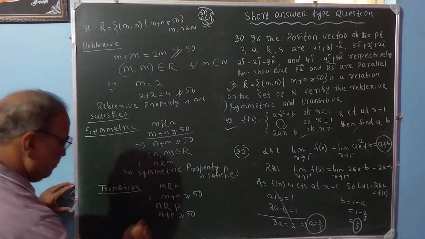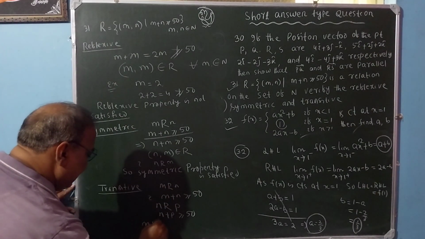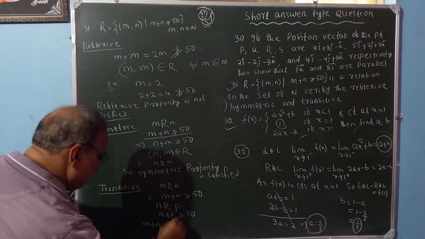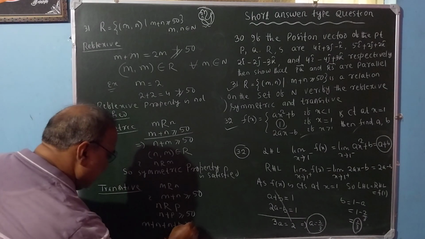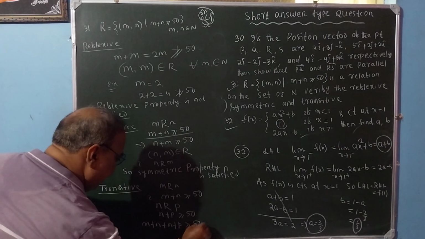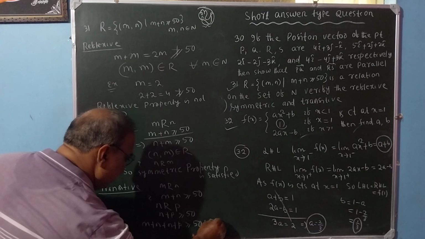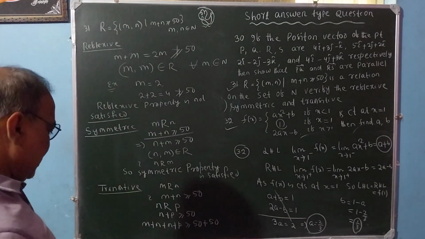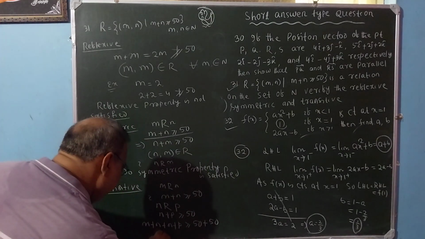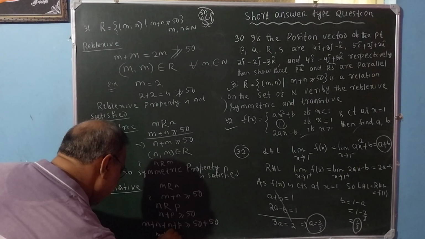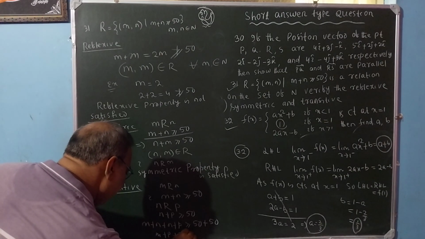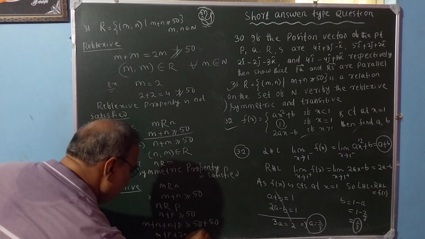Now adding, m plus n plus n plus p is greater than or equal to 50 plus 50. So m plus p plus 2n is greater than or equal to 100.